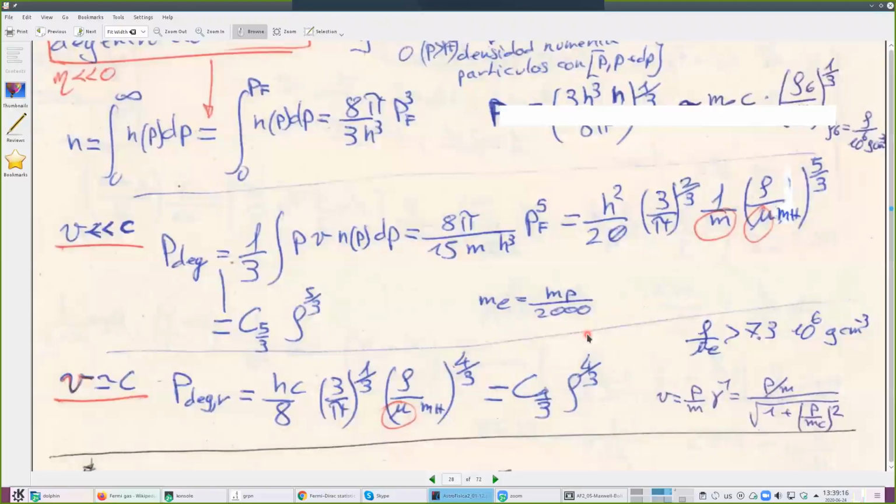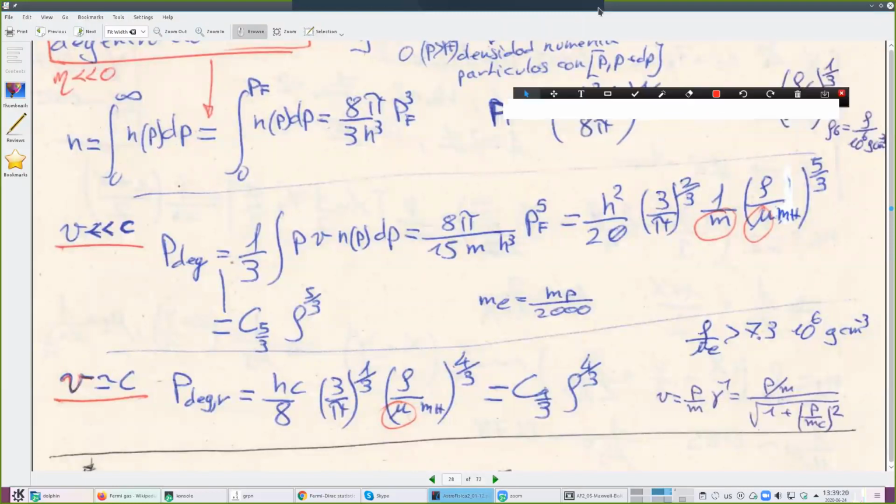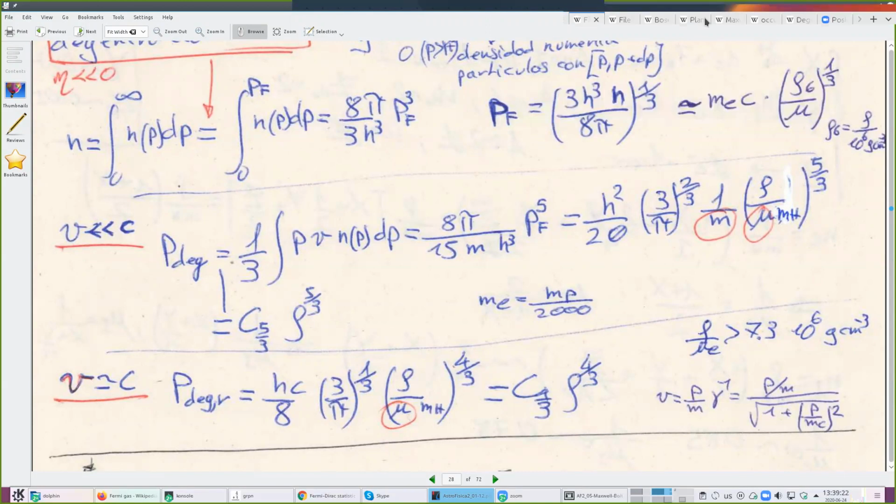This is also because you can see here that for the non-relativistic gas the pressure goes with the density to the fifth term, so it increases a little less than 2 with the density, while for the relativistic gas it is the fourth term, which is less.